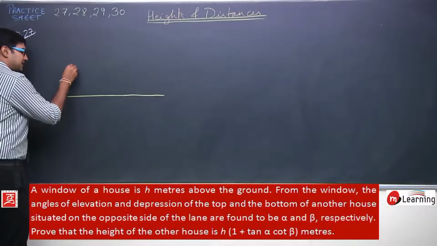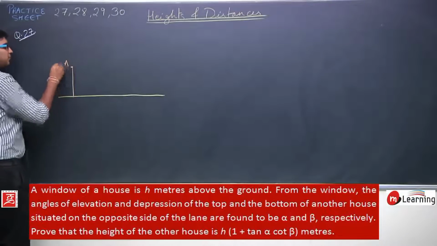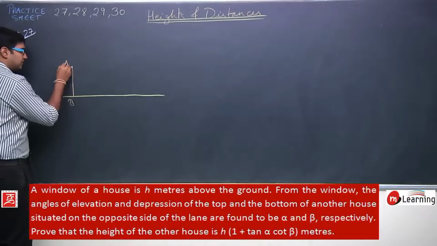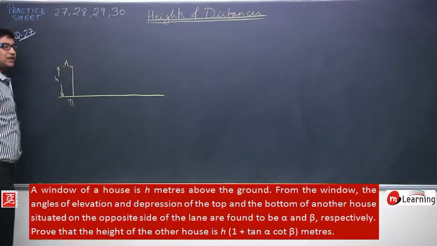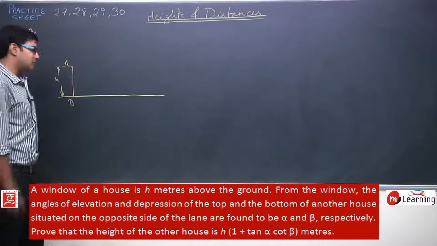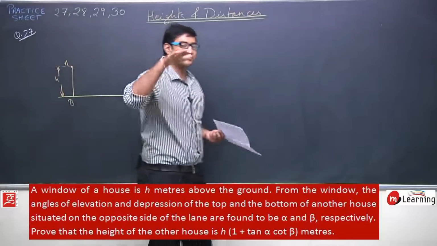Let us say the window is located at this point A, which is h meters above the ground.